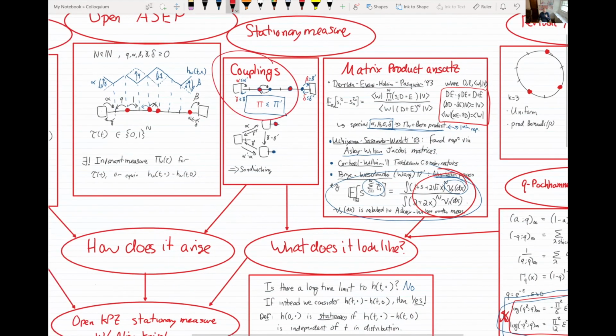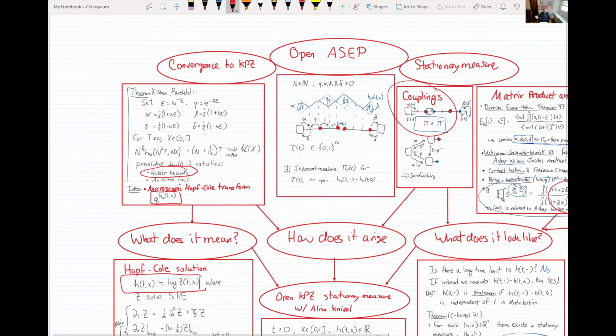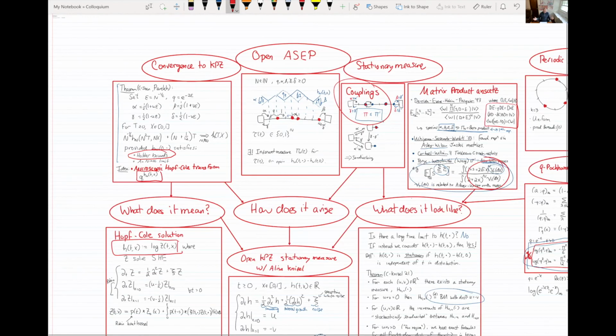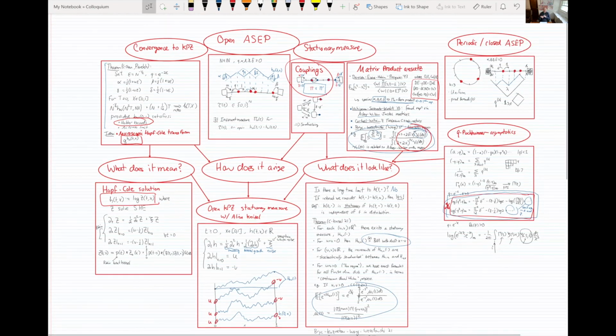Combining this whole thing gives you the full picture, which is that the open ASEP and its stationary measure converges to the KPZ equation and its stationary measure, and it gives you this long sought after stationary measure of the KPZ equation, which should be universal, in the sense that all initial data should converge to it.